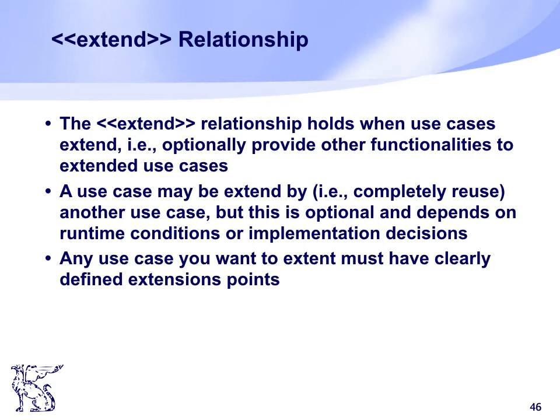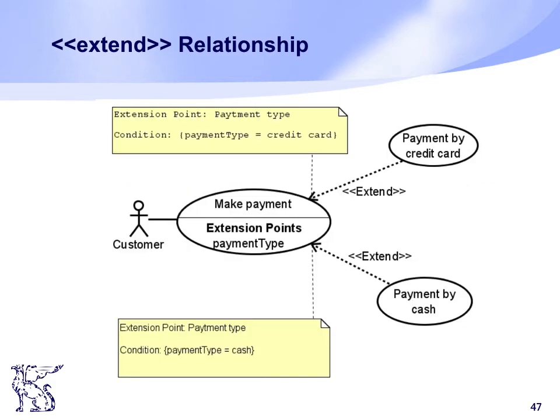It's an arrow with a dotted line, and the tip of the arrowhead points to the base use case, and the child use case is connected to the base of the arrow. And you will add the word extends here to identify that this is the extend relationship.